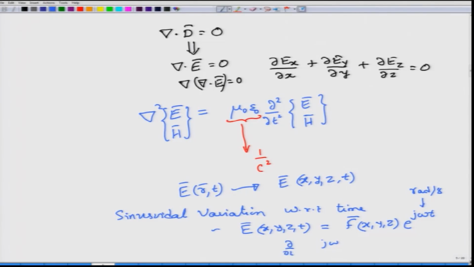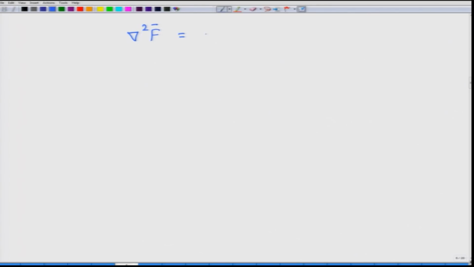So, del by del t differentiation gives you j omega. When you do it for the second time, you get square of this, and what is square of j omega? It is minus omega square. Of course, because this is an exponential function, this operator actually results in minus omega square times whatever the function was originally there. So, this is a simple exercise for you to calculate and show that this actually becomes minus omega square by c square times f itself.